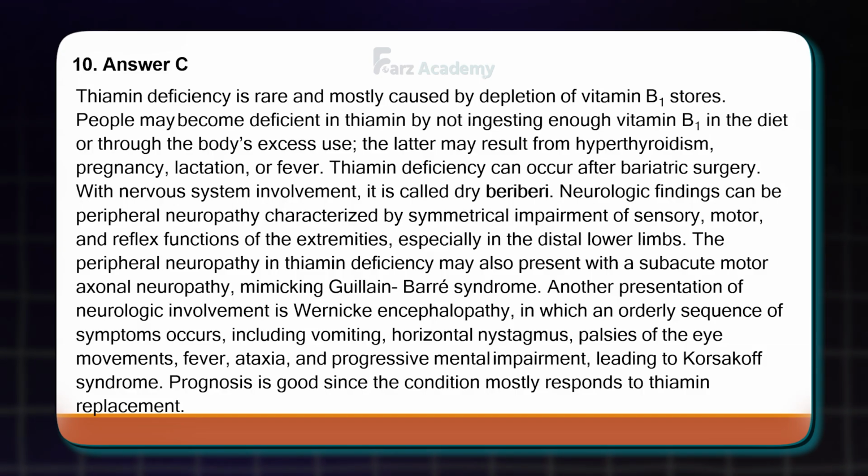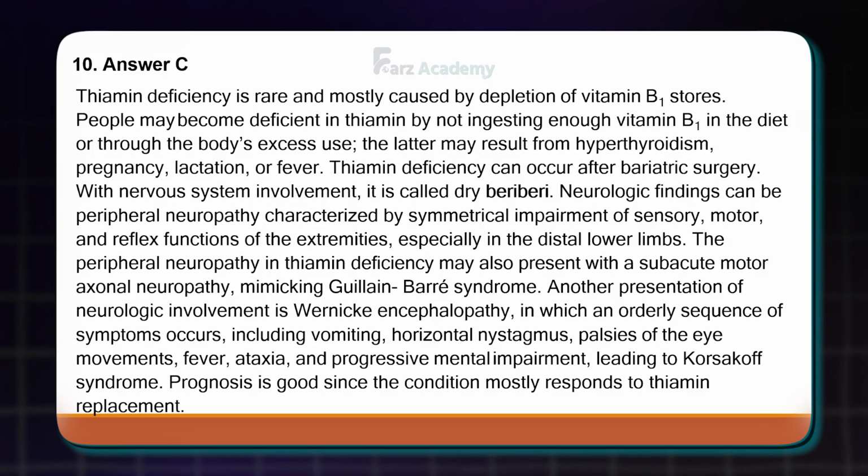The peripheral neuropathy in thiamine deficiency may also present as subacute motor axonal neuropathy mimicking GBS. Another presentation of neurological involvement is Wernicke's encephalopathy, in which an orderly sequence of symptoms includes vomiting, nystagmus, palsies of the eye movement, fever, ataxia, and progressive mental impairment leading to Korsakoff syndrome. The prognosis is good since the condition mostly responds to thiamine.